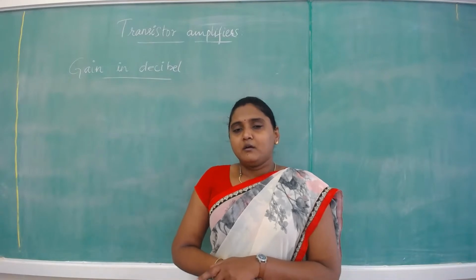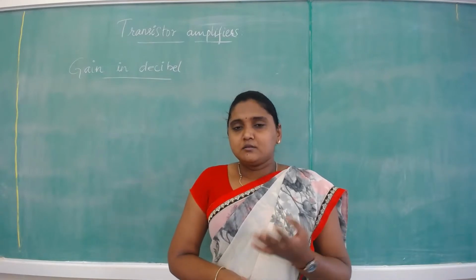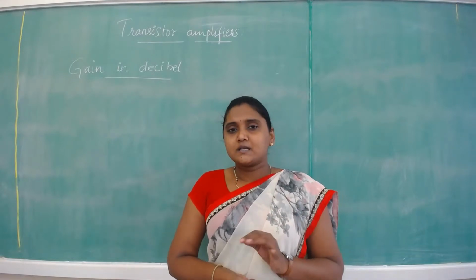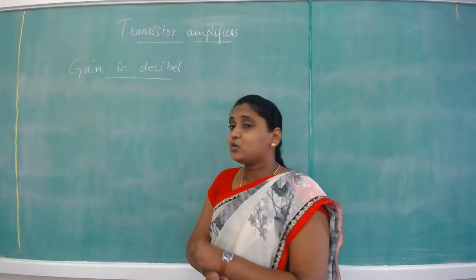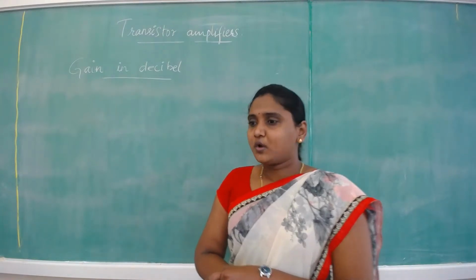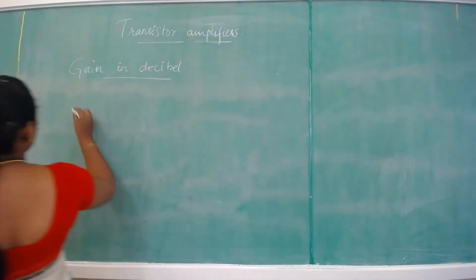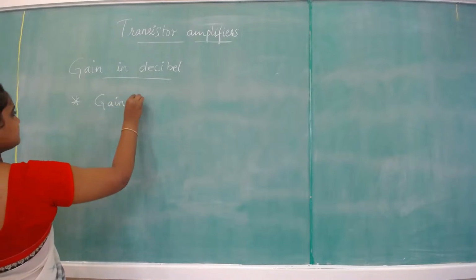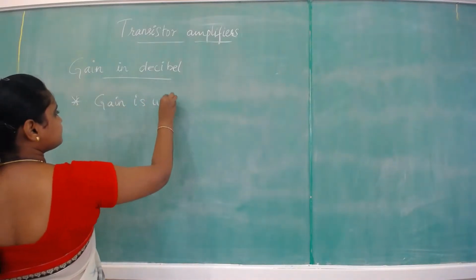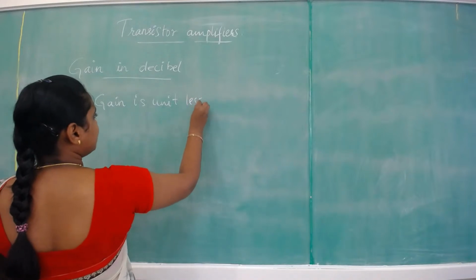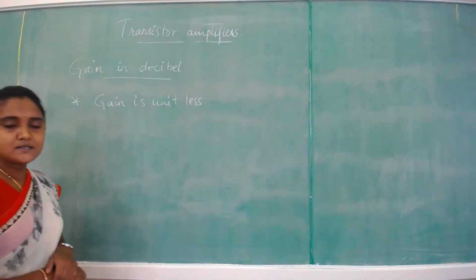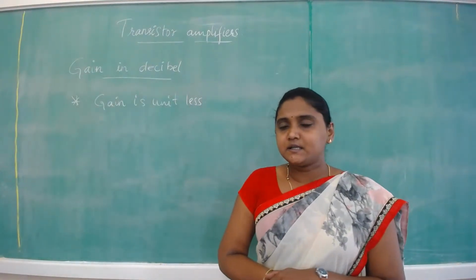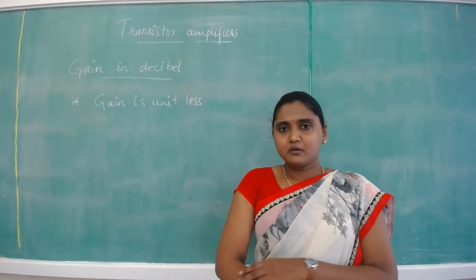So when it is about the voltage gain, the numerator as well as the denominator is having the same quantity and the units are same, resulting into the gain to be a unitless quantity. So what we have observed there, that gain is unitless. It is not having any unit. That is because the definition is the ratio of the two similar quantities, resulting into no unit for gain.